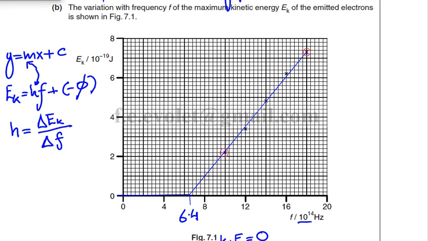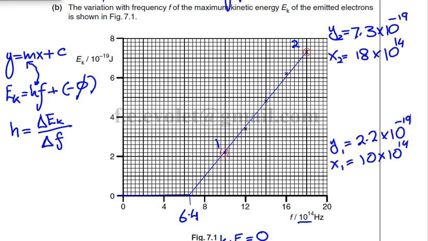So we pick these 2 points, point 1 and point 2, and we write their corresponding values on the x and y axis. The change in Ek, the kinetic energy, is the change in the y-axis, and the change in the frequency is the change in the x-axis values, which are these.